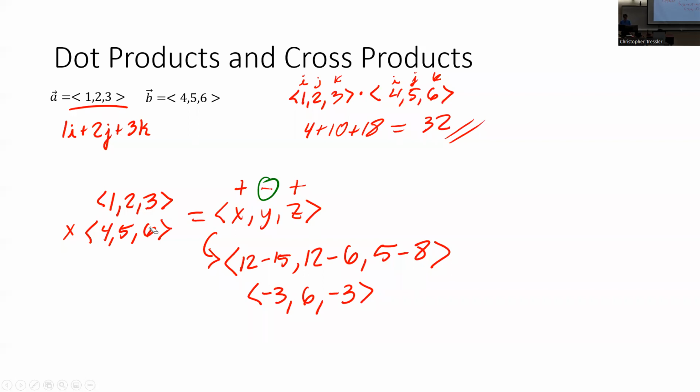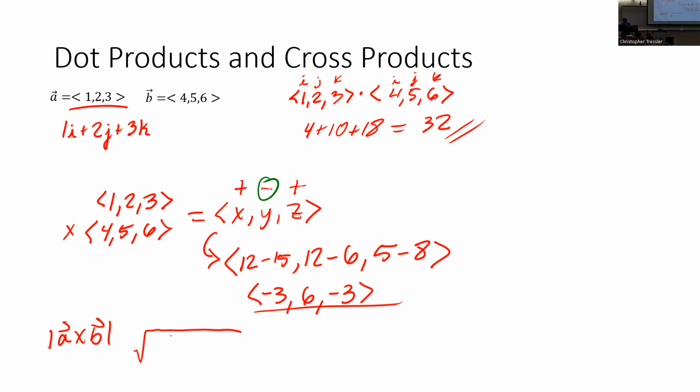Now, after this, you might actually be told to find the magnitude of the cross product, which would be denoted something like this. If you're told to find the magnitude, basically what you're going to do is take all these values, square them, and then add them in a square root. It's kind of like the Pythagorean theorem, just now we're in 3D, so there are 3 values instead of 2.